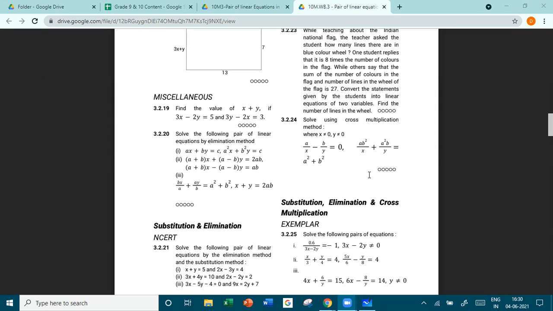So if you are coming across situations like this where it is something like a by x minus b by y is equal to 0, one method is you can cross multiply and get rid of the denominator. So it would be ay minus bx is equal to 0, right?